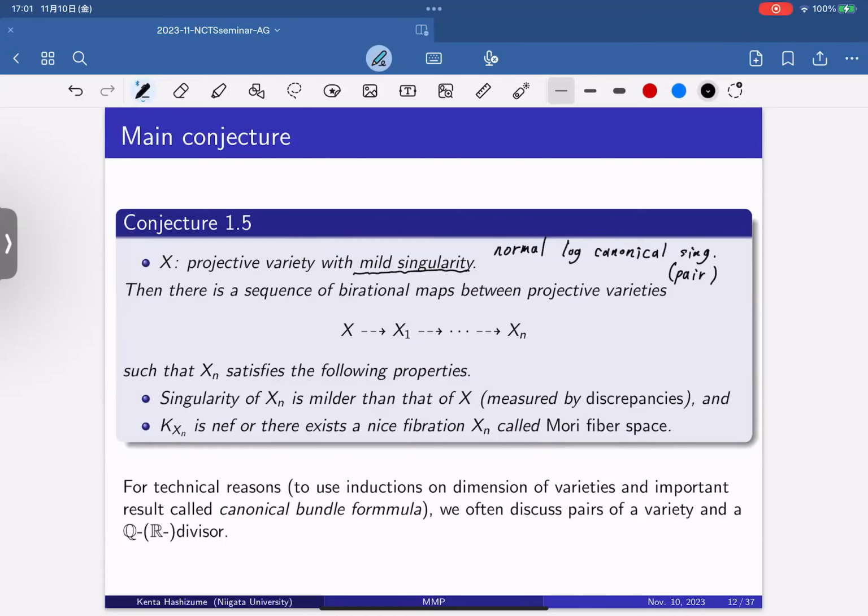Then we can construct an inductive construction of birational maps, and we finally get a good variety Xn. This is a rough statement of the minimal model program.